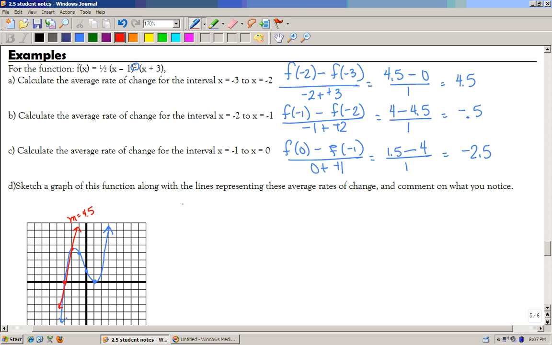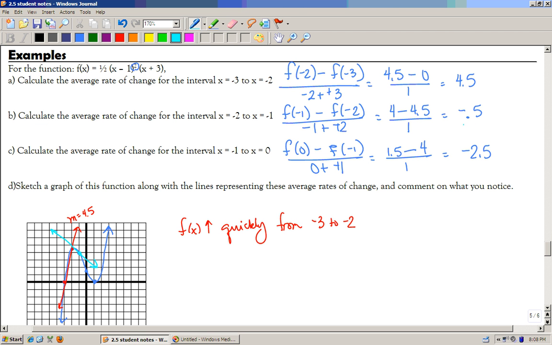Notice how it's increasing quickly from -3 to -2. And then if we look at the next one, from x equals -2 to x equals -1, if we connect those points, notice that the slope of that secant line is going down.